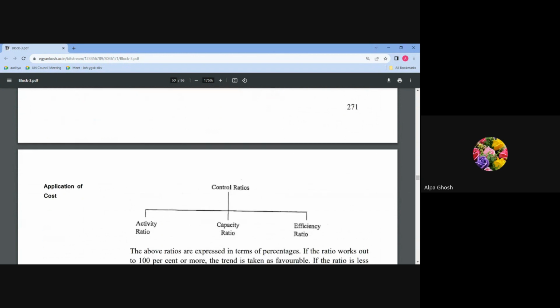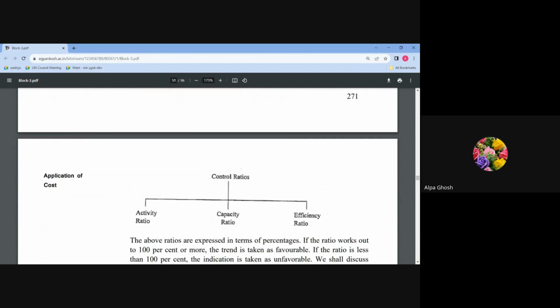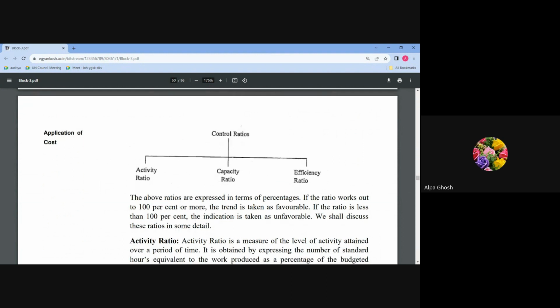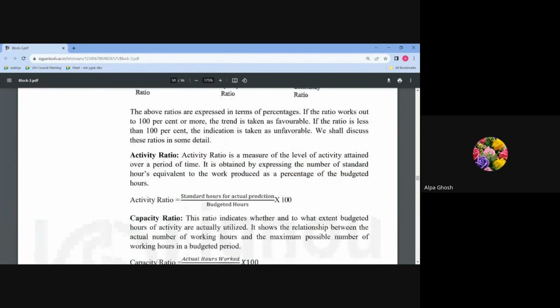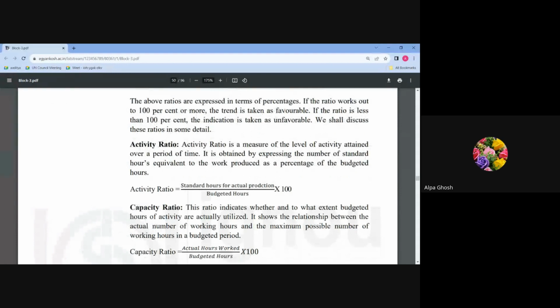Control ratios are again associated with your performance, cost. There are three types of ratios. Activity ratio measures the level of activity you have attained over a period of time. In activity ratio, we take the standard hours for actual production divided by budgeted hours, multiplied by 100.